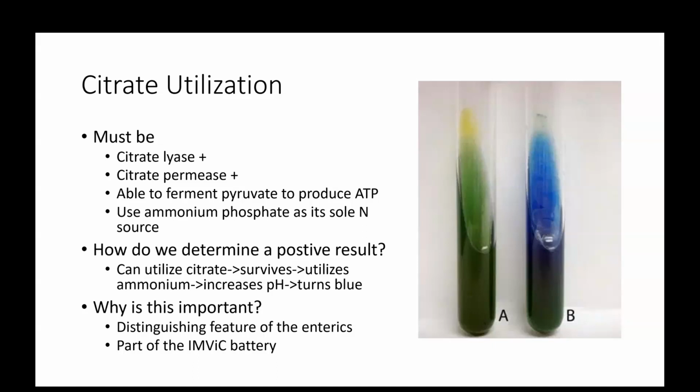So this is one of those tiny little white lies that I told you in the metabolism unit, that some bacteria can actually have further fermentative pathways that produce energy. The bacteria that are citrate positive are an example of those bacteria.